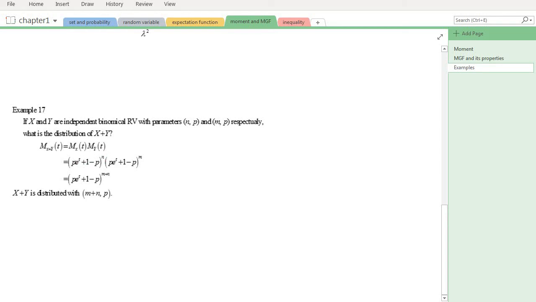This one we will learn in another chapter, the moment generating function. It will take this form, and then we just replace the mean with p, and the size with n for x. For y, it is replaced with m, but the parameter p is the same. Then we solve these two terms and we get this.